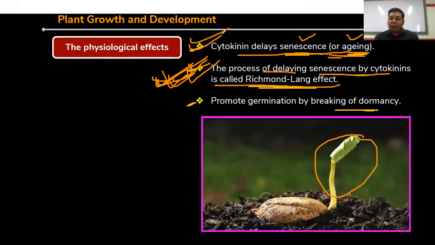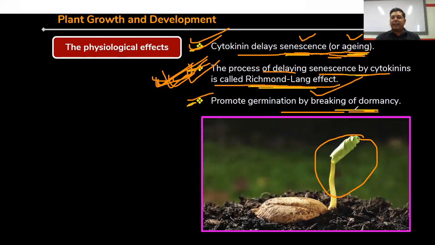Suppose, in the case of a fruit, for example a mango. The mango is formed within the plant and gets ripened, and after ripening it falls off onto the surface of the soil. If we apply cytokinin artificially, then the mango stays attached to the plant body for a longer time. This is called the Richmond-Lang effect.